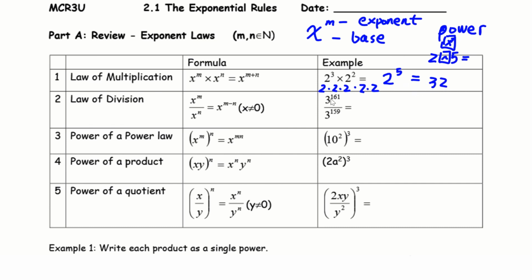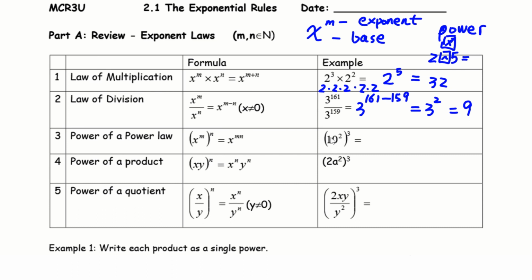For 3 to the exponent 161 divided by 3 to the exponent 159, in the denominator you have 159 threes, so cancel the 159 threes with the numerator. You will have 161 take away 159, which leaves 2, so you have 3 squared. 3 times 3 gives you 9.